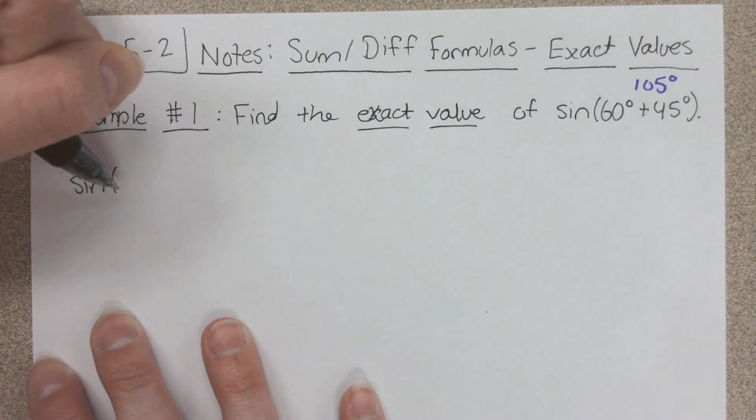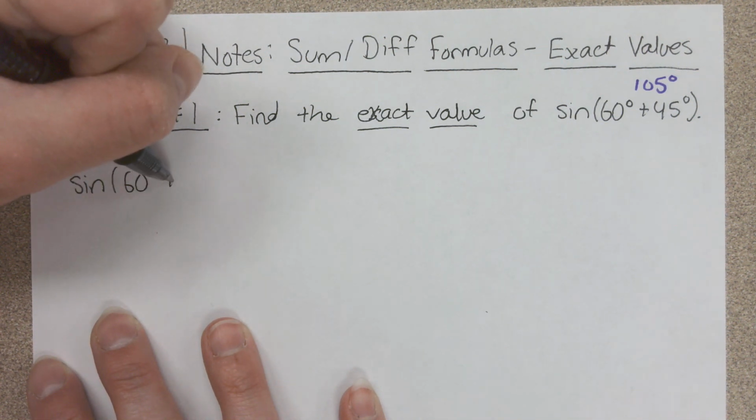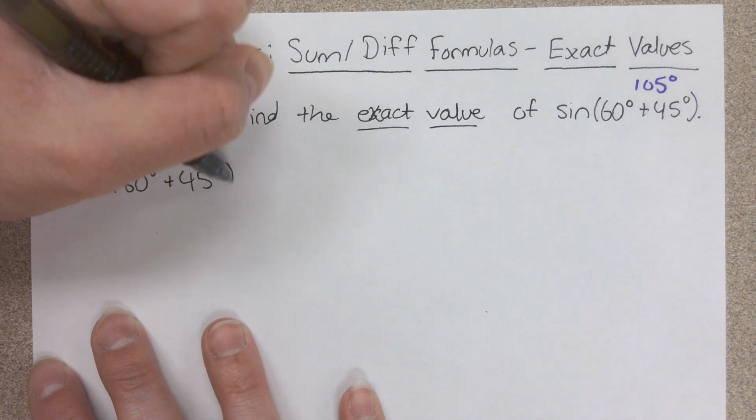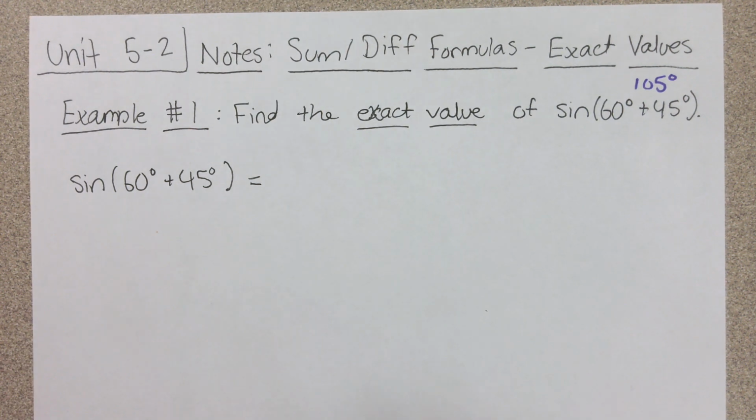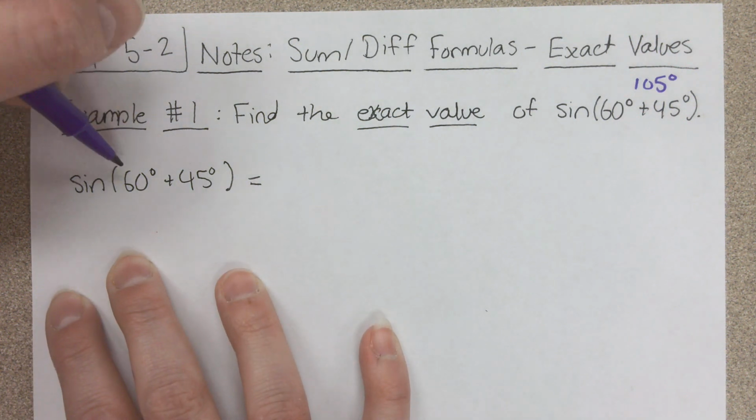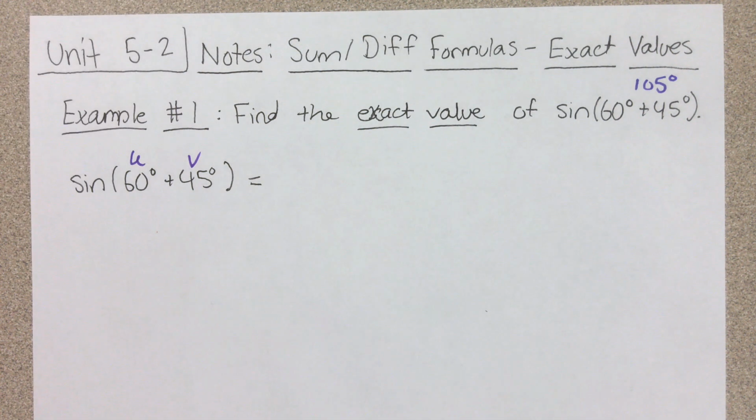We have sine of 60 degrees plus 45 degrees. And this is the part we've been practicing the past couple days. We know what u and v are.